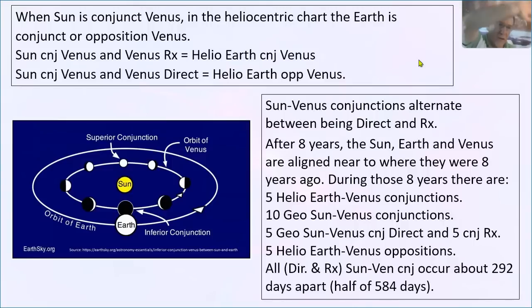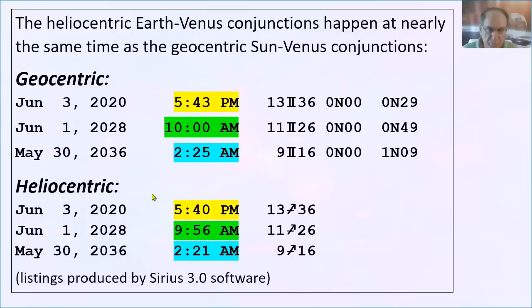So it's Sun-Venus conjunction retrograde, direct, retrograde, direct. And they're all evenly spaced. They're occurring fairly regularly. There's some slight deviation because the speed of Earth and Venus varies a little bit. It's not exactly precise, but almost perfectly regularly, these things happen.